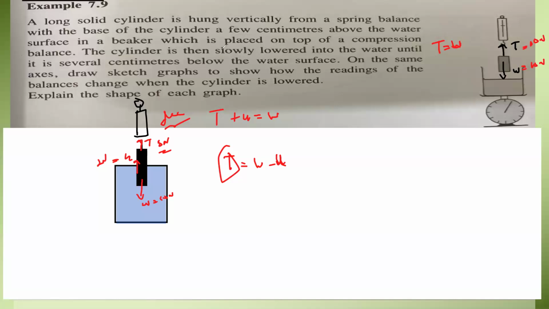The second thing is the compression balance. So if it is on the compression balance, first, the weight of the liquid was acting downward. Okay. So the compression balance, the normal contact force from the compression balance is there upward, that is balancing.